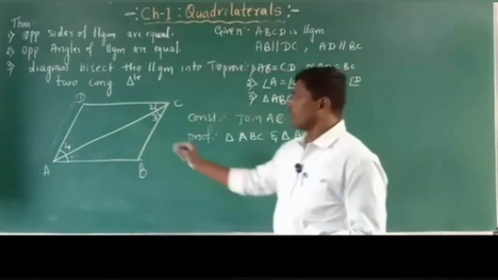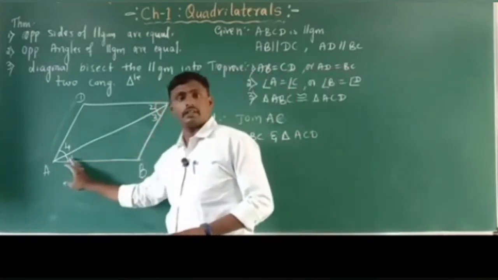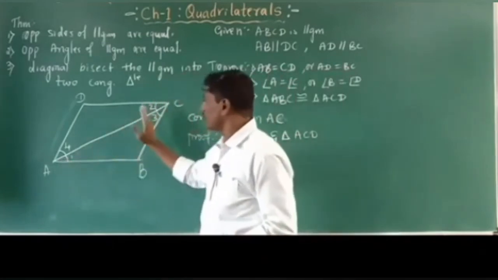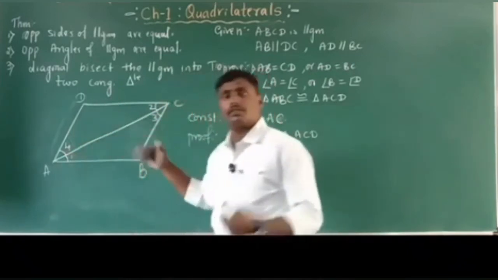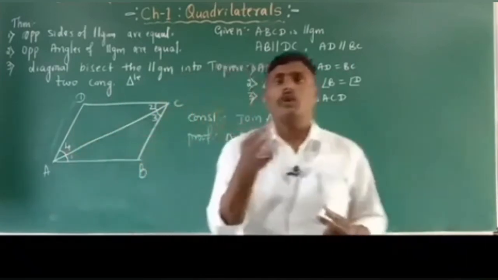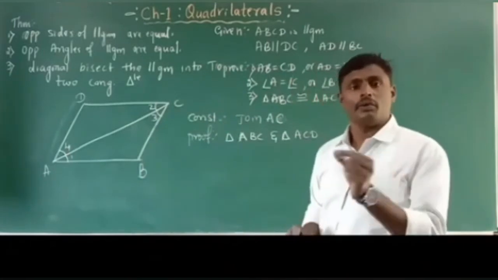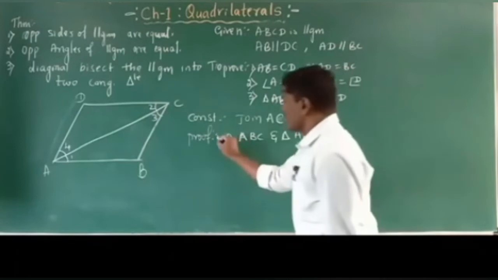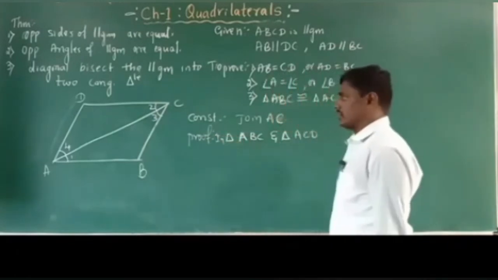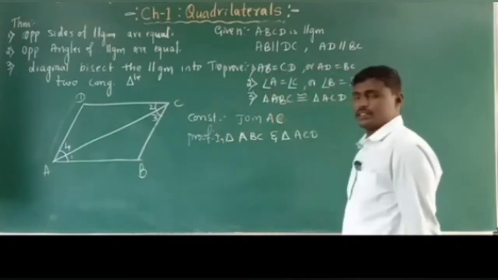We are denoting them by numbers here; instead of numbers, you can also take alphabetical letters like M, N, O, P. In this, we are considering two triangles, triangle ABC and triangle ACD.